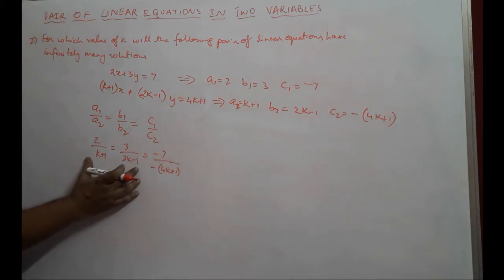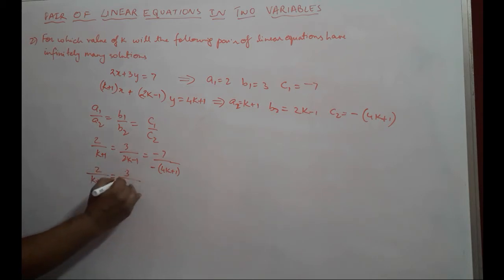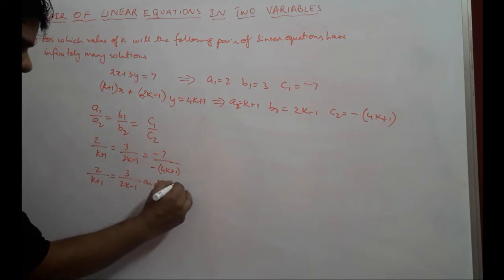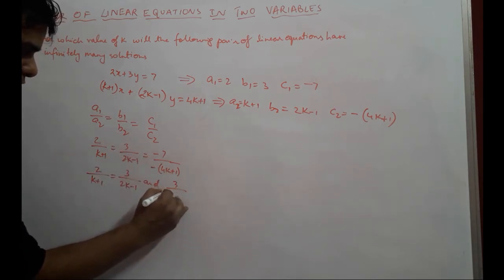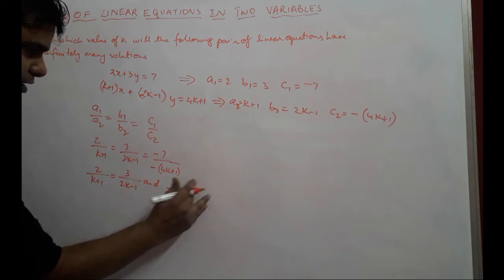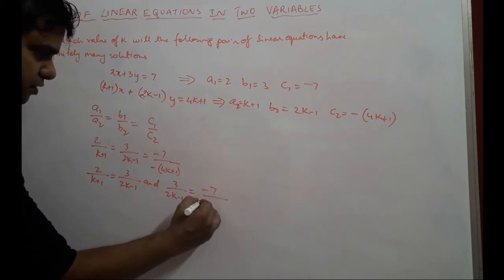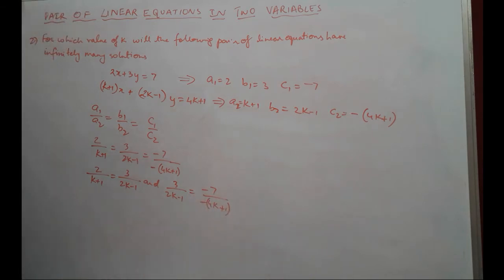Once again we'll separate them into two different equations, that is 2 upon k plus 1 equal to 3 upon 2k minus 1, and 3 upon 2k minus 1 equal to minus 7 upon minus in brackets 4k plus 1.